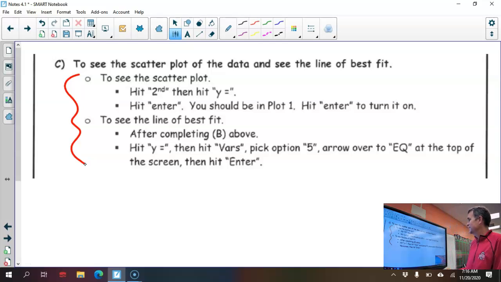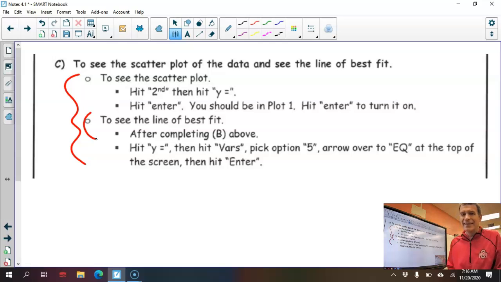Wait a minute, then I need to see the best fit line. So I have to hit y equals. Now I'm doing this, and then hit vars, and then let's see, slide over to pick option 5, go over to EQ, and hit enter. And then I'm going to hit the graph and see what happens.